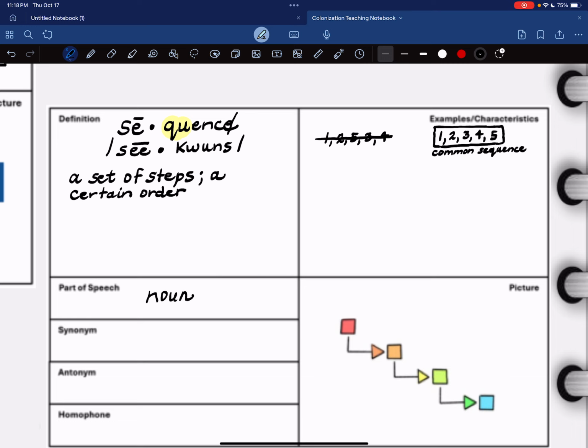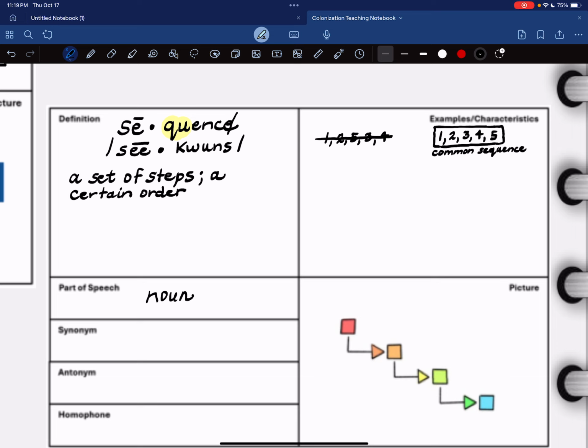I am going to look for some synonyms. I feel like there should be some that I'm just not thinking of. So I'm going to practice my digital skills and put in the word sequence and then the word synonym. And I encourage you to try this because it lets you get an idea of how this works.